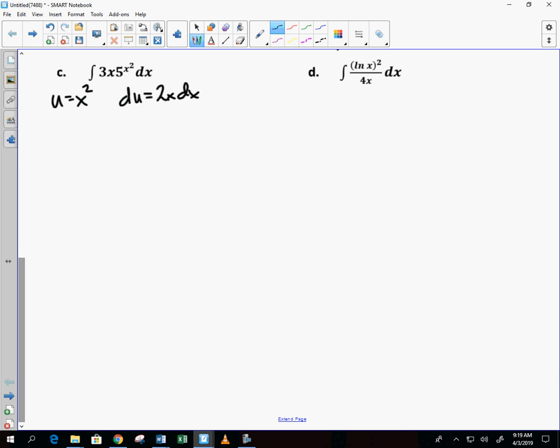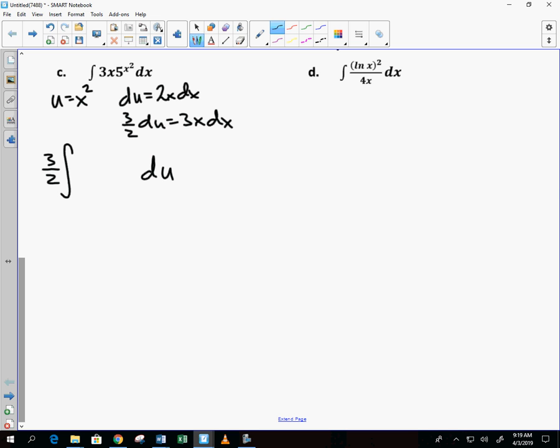So that's good news. We don't have the 3, though, do we? So how do we come up with the 3? 3 over 2 du is equal to 3x dx. We're not going to worry about it. Three over 2 integral. What do I put in place of the 3x dx? Just 3 halves du. And that is correct.